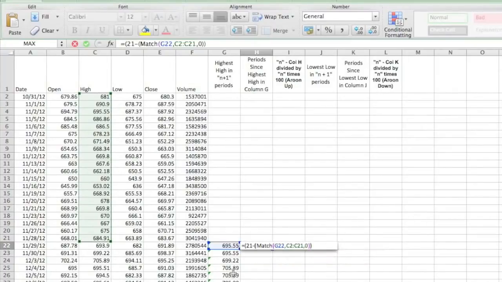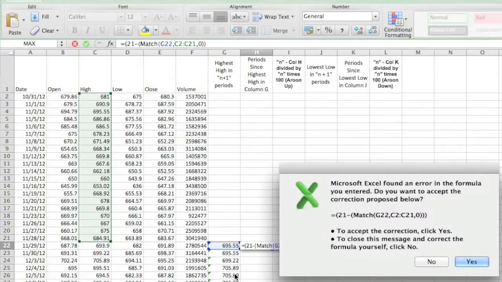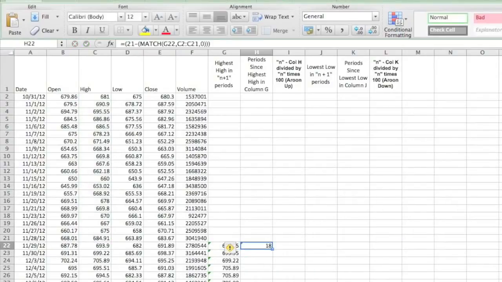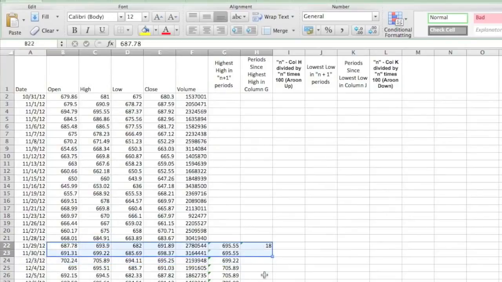Close the parentheses. Okay, it's telling us that 18 days have gone by. Let's double check here: 695, so that's 1, 2, 3, 4, 5, 6, 7, 8, 9, 10, 11, 12, 16, 17, 18. As you can see, 18 is correct.